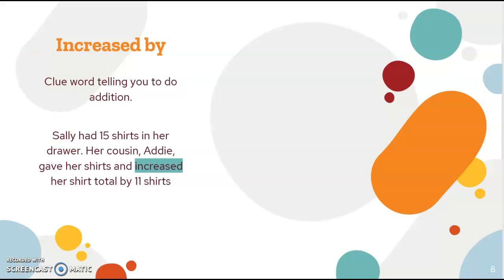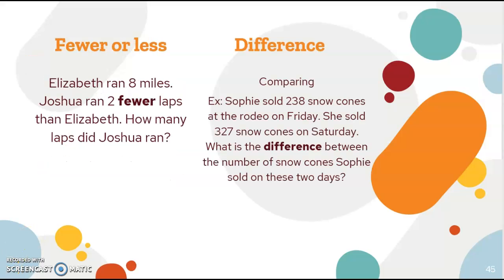Some vocabulary words that we talked about last week for subtraction are fewer or less. And again, you are comparing whenever you're thinking about subtraction or reading a subtraction problem. You want to make sure that you're looking for any clues to indicate that you're going to compare two or more things.